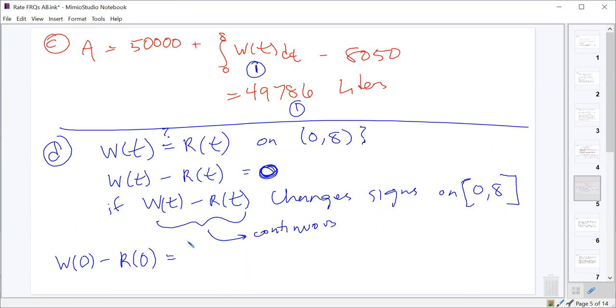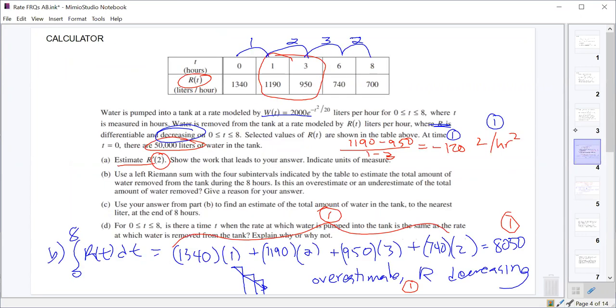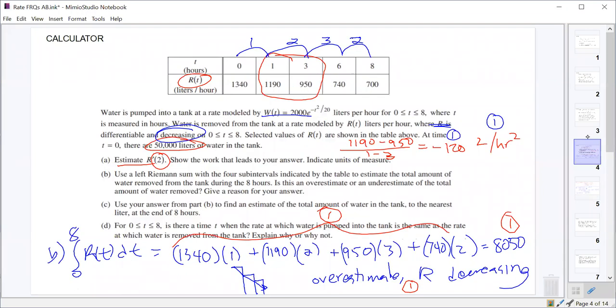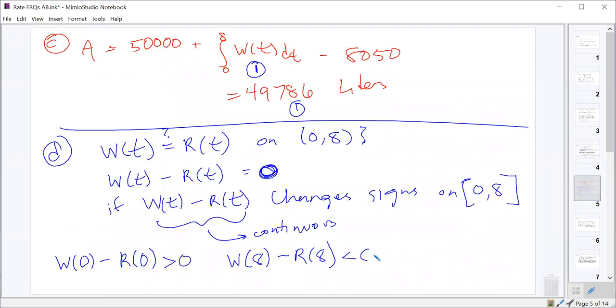If we look at the value at the beginning, W of 0 minus R of 0, that comes out to be a positive number. If you plug in 0, you end up with 2,000 minus 1340. That's positive. But if you plug in 8 and do 2,000 e to the negative 64/20 and subtract 700 from it, that comes out to be negative.